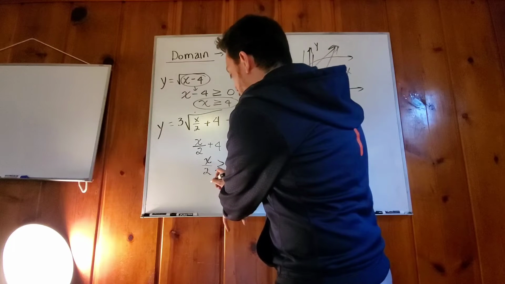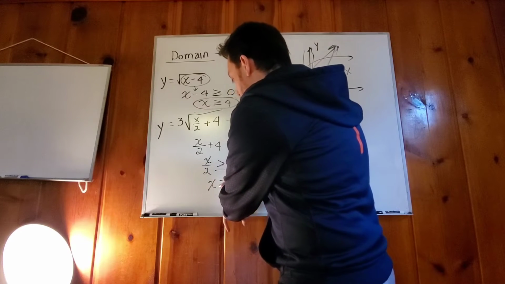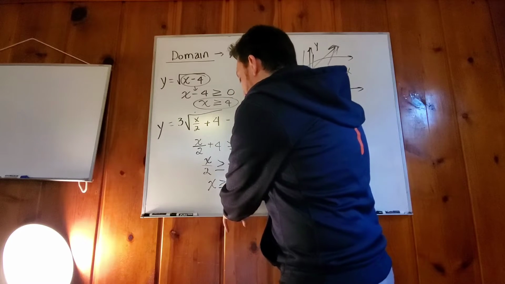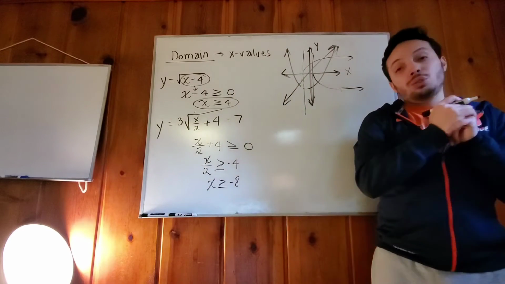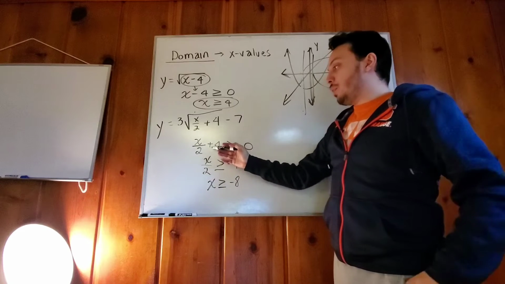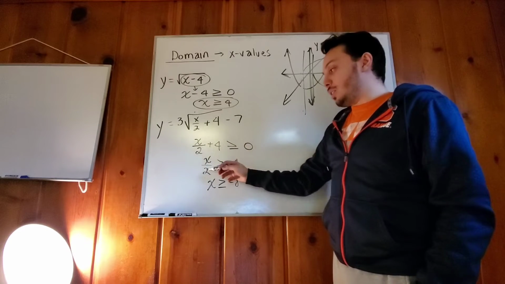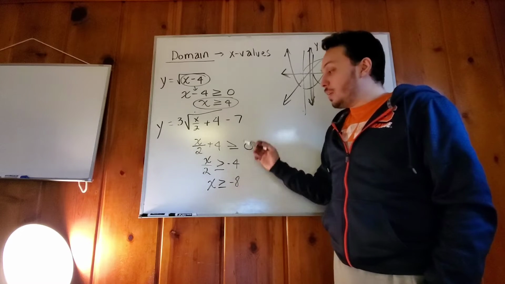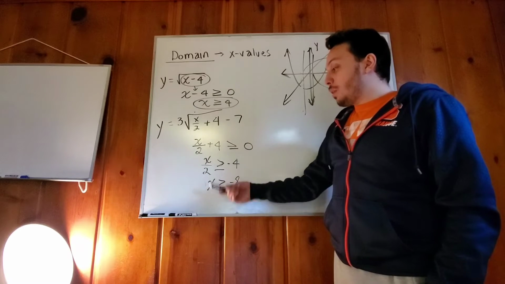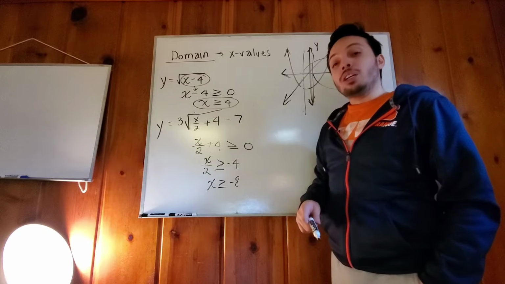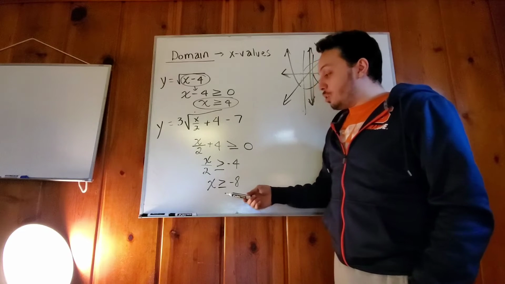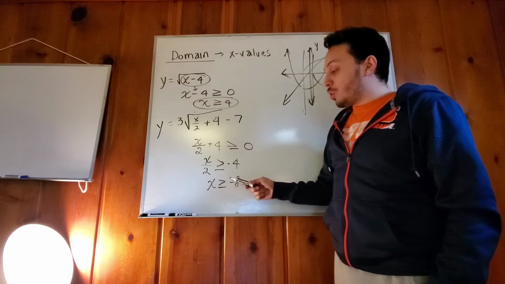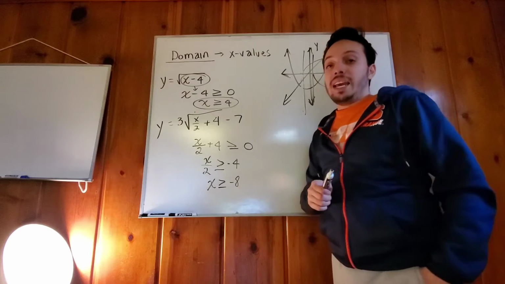And then when we multiply by 2, x is greater than or equal to negative 8. How did I get that? Because I subtracted 4 on both sides, and then I multiplied by 2 on both sides. So negative 4 times 2 is negative 8. So the domain of this particular square root function is all real numbers that are greater than or equal to negative 8.